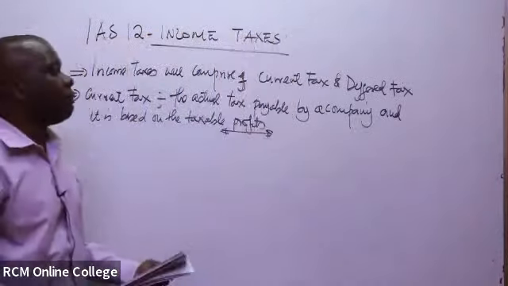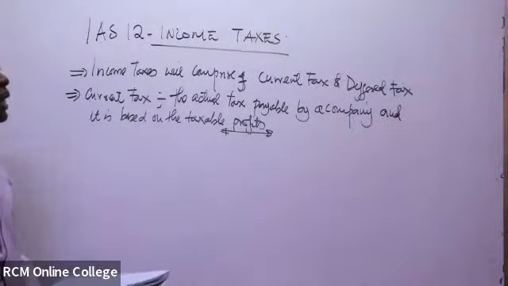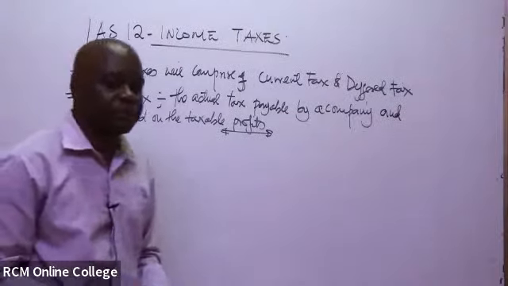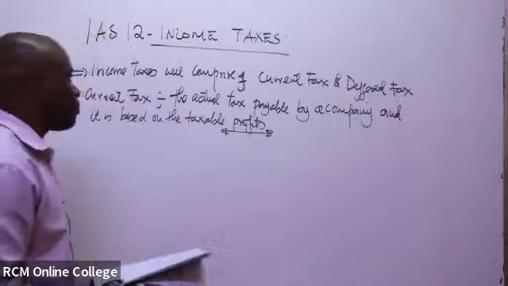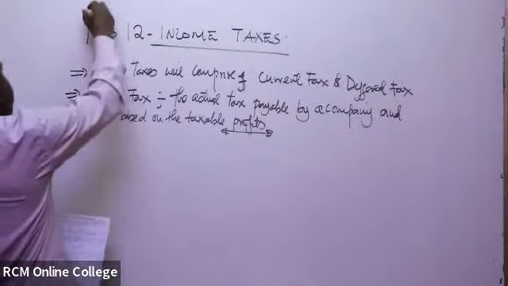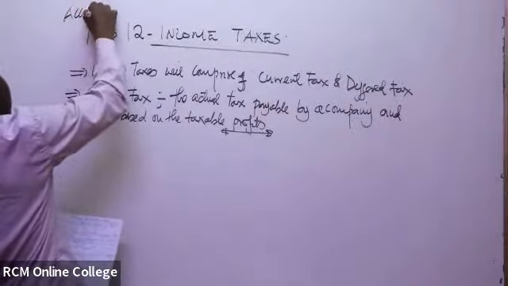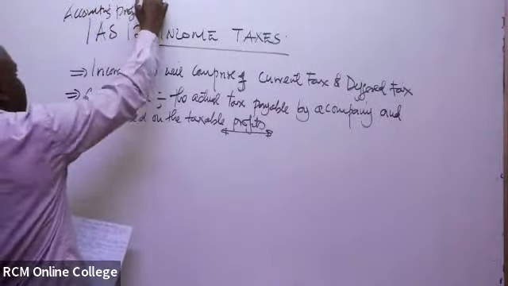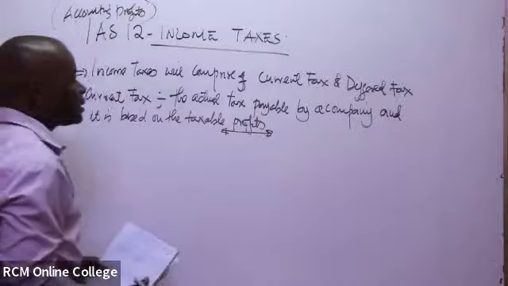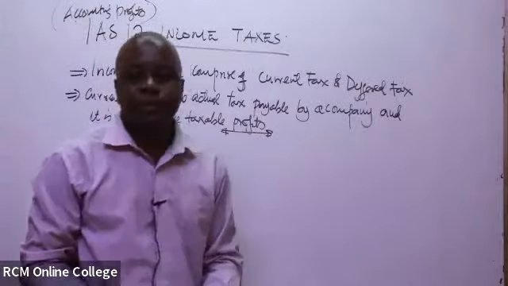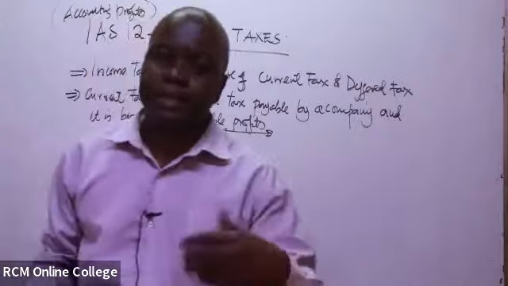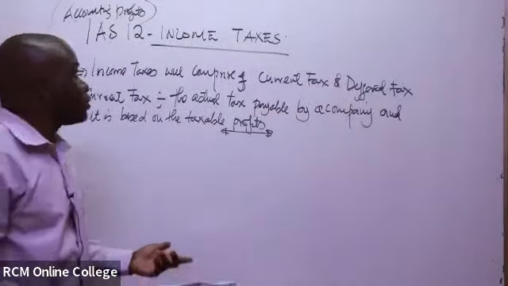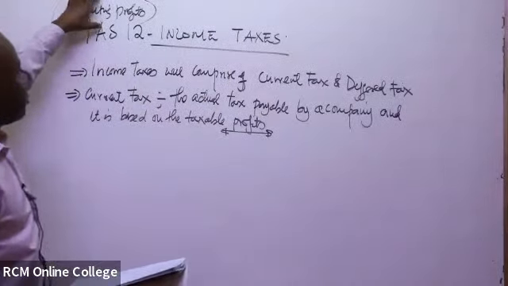Remember, under normal circumstances, when the accountant is preparing the financial statements or the books of accounts, he'll come up with what we call the accounting profits. But if the taxman is coming in to tax the company, these won't be the profits to be taxed.